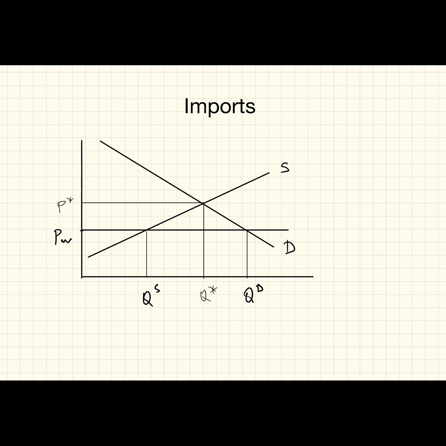So we have actually a shortage at this domestic market, but this shortage is covered by import. So stuff is being brought from outside to satisfy consumers who want to buy more of the stuff than local producers are willing to produce.